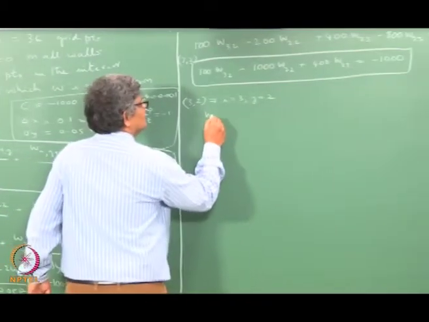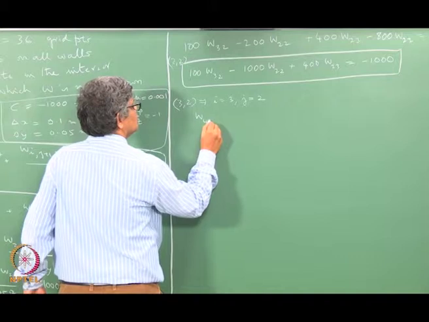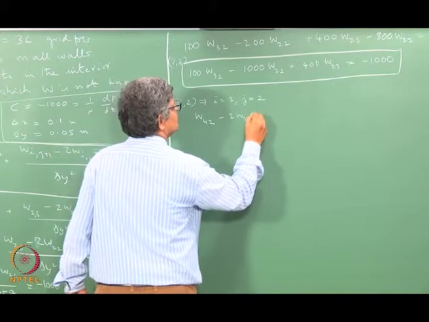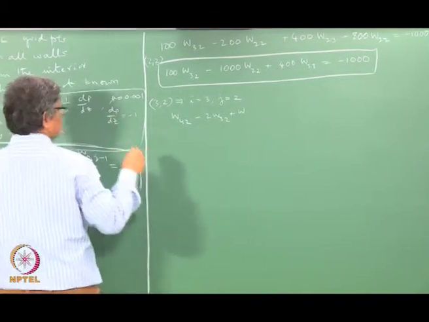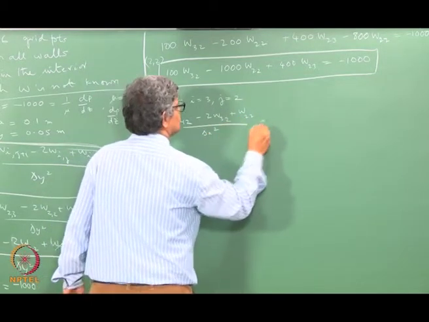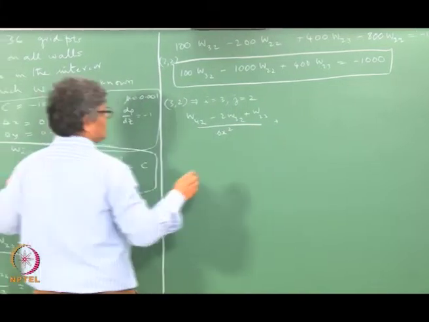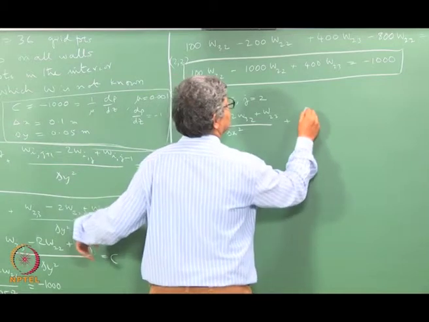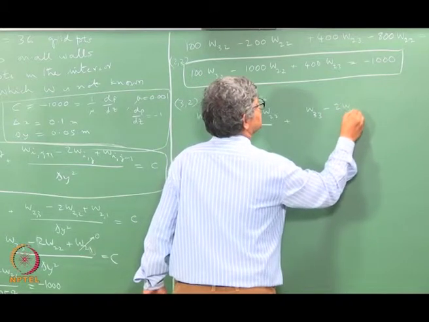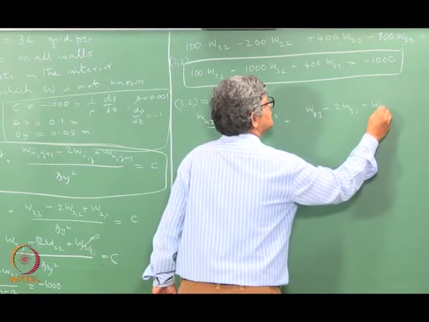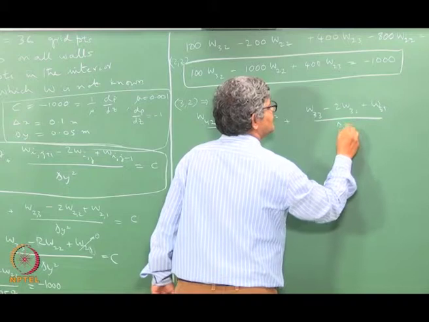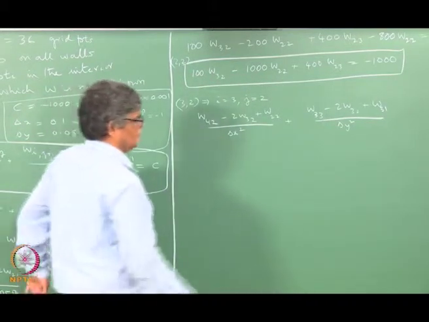We get (W42 minus 2W32 plus W22) divided by delta x square plus (W33 minus 2W32 plus W31) divided by delta y square equal to C.